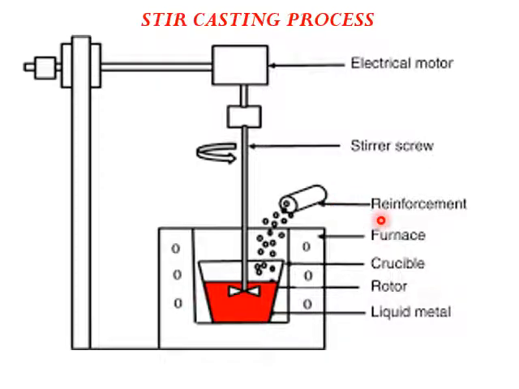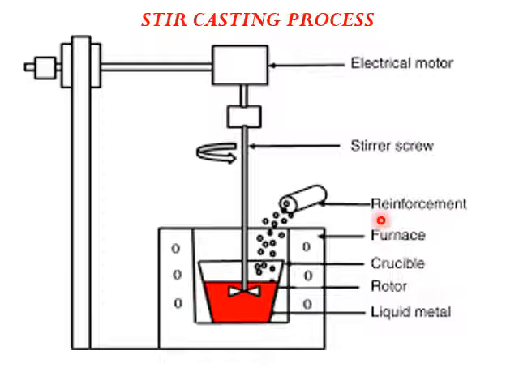There we can use a carrier gas to have a proper distribution of these reinforcements into the matrix material. Normally argon is used as a carrier gas to assist the injection of the reinforcement in a clean form.